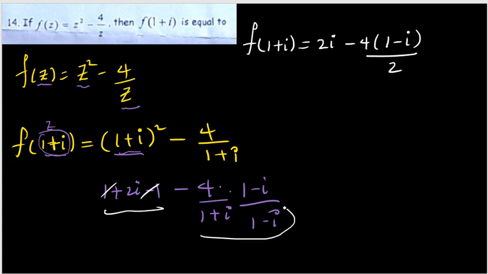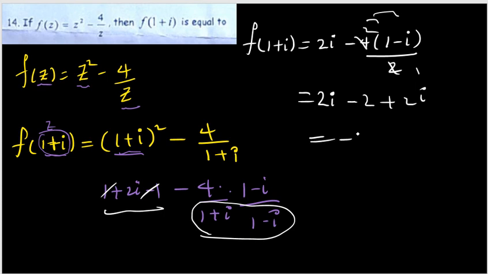Here when you multiply these two, 1 plus i times 1 minus i will be 1 squared plus 1 squared, that is 2. Then we can simplify by 2, 1, this by 2, 2. So what is left? 2i, these two will multiply now each of them, minus 2 plus 2i. So what is left? Negative 2 plus 4i. That's going to be the simplest answer, because 2i and 2i will be added. Both of them are imaginary.